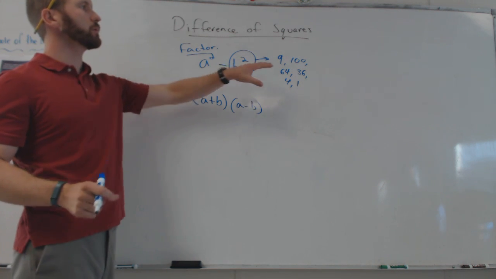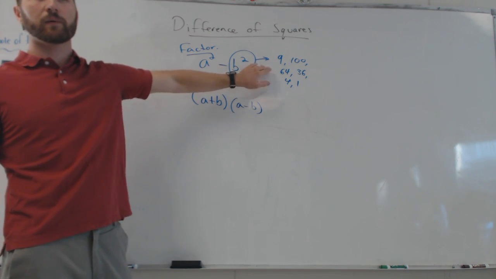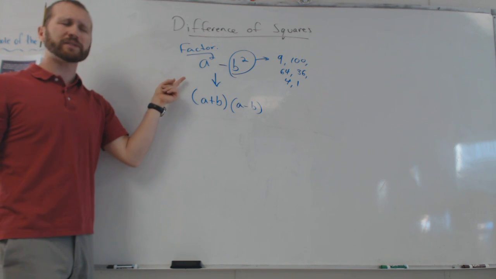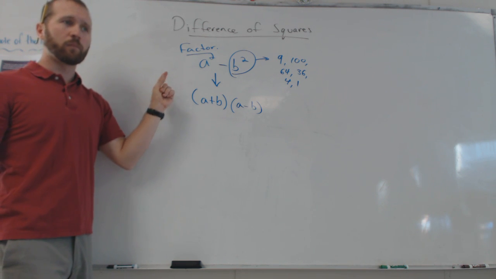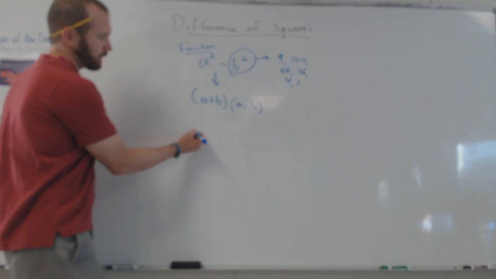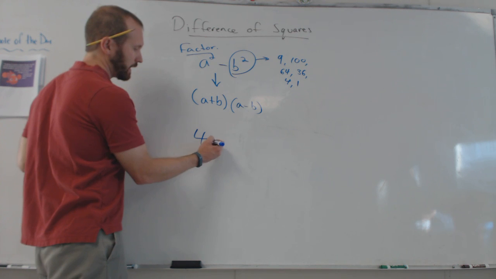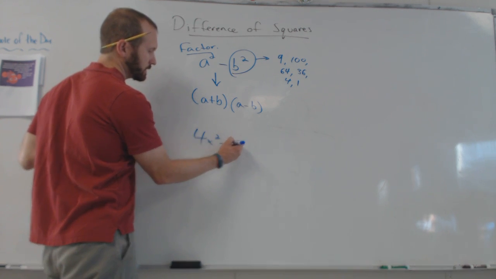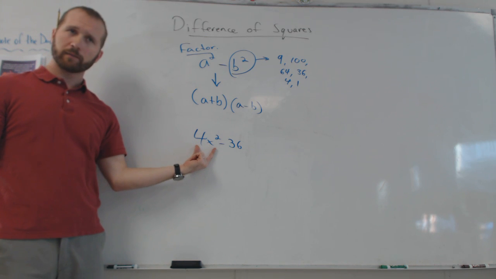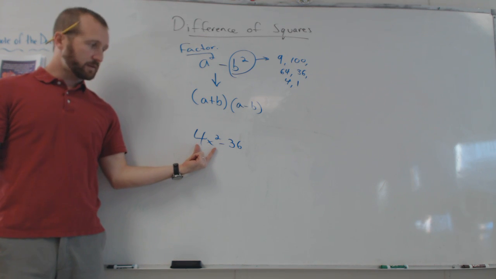Now, before we go into what if it's not a perfect square, I just want to talk about one other thing. The a squared sometimes will also be more complicated than just x squared. So for example, if I had 4x squared minus 36, is this a perfect square? Yeah, it is.